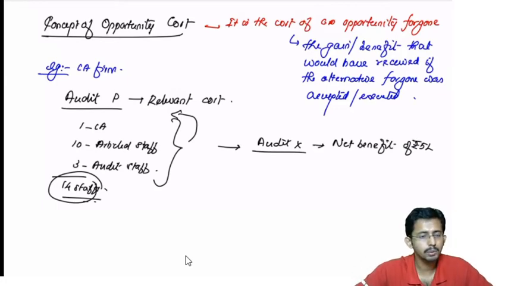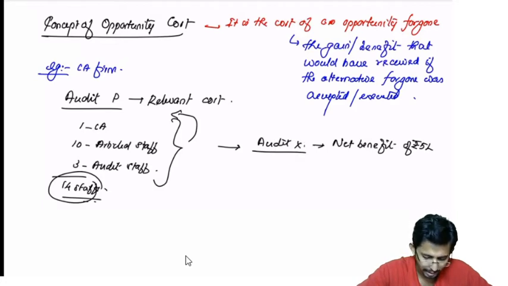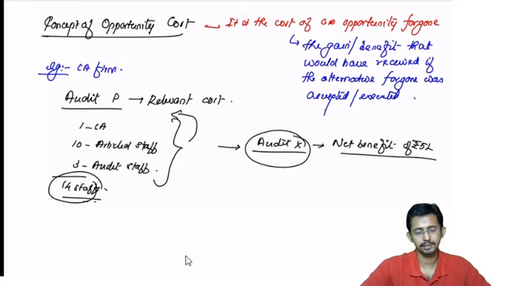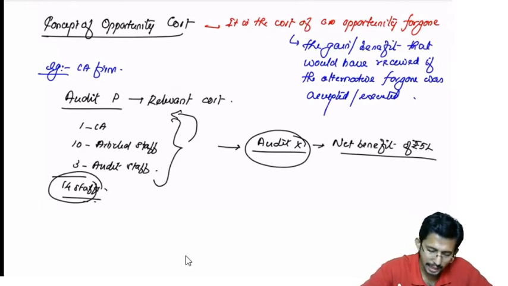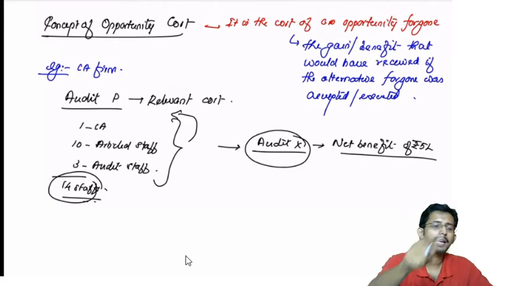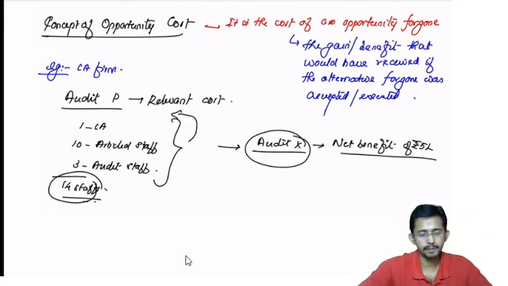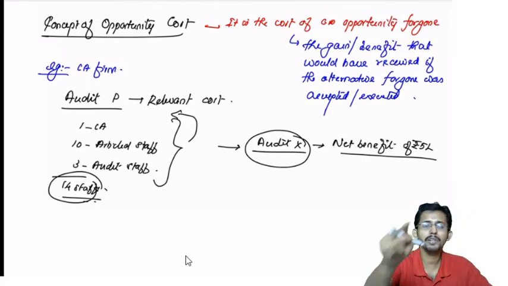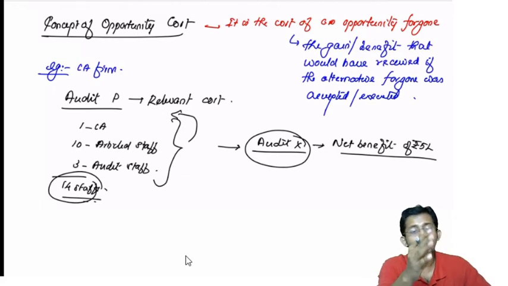Is it clear? You would have received a net benefit of 5 lakh rupees, which means if you are doing audit P, then you are not able to do audit X, and you are not able to realize a net benefit of 5 lakhs. This net benefit you are foregoing by taking what? Audit P. So such benefit you have foregone from the opportunity lost.